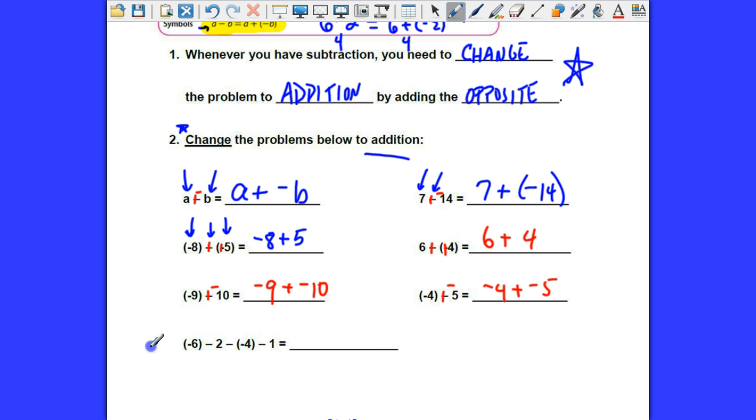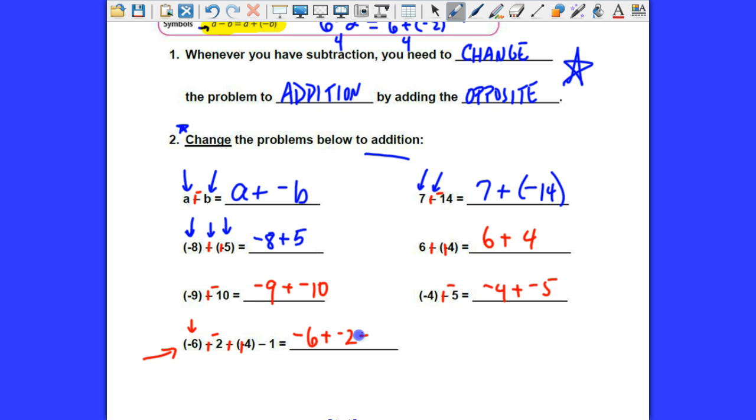Let's look at this crazy one here at the bottom of the page before we turn it over. Negative 6 minus 2 minus negative 4 minus 1. All right, that negative 6, that's not going to change, negative 6. But it's minus positive 2, so I'm going to go boom, boom. So it's plus negative 2. Here it's minus negative 4, so I'm going to go boom, boom.